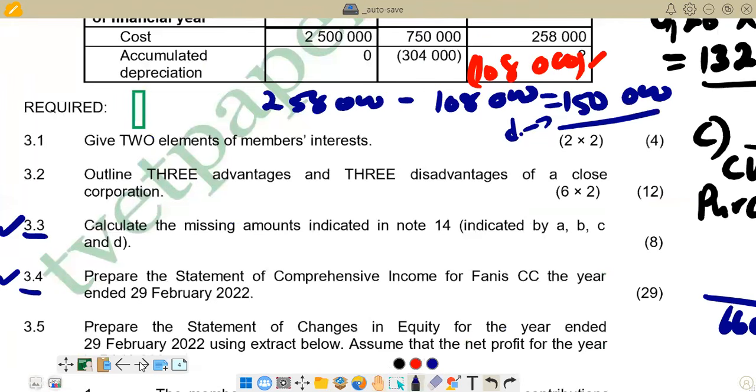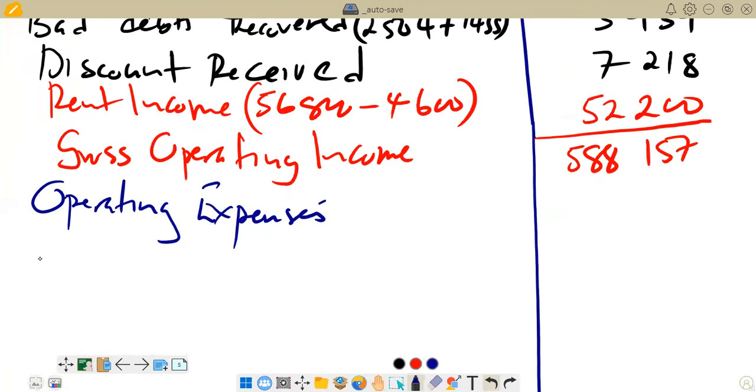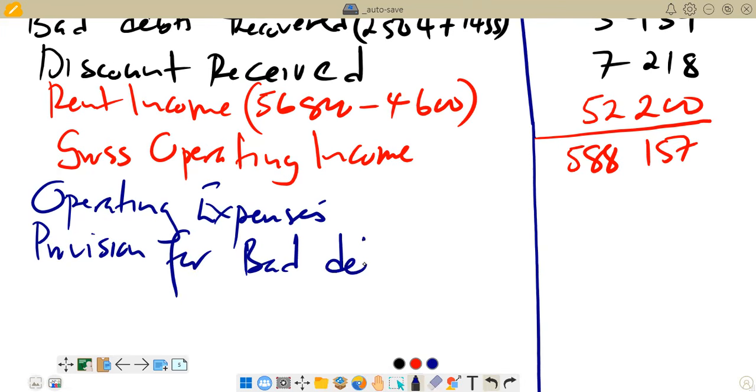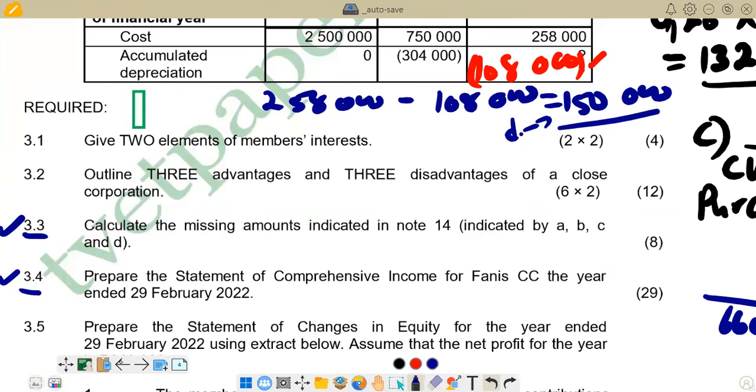So if you come here, we are now saying provision for bad debts. And I will just summarize the last working that we had there. We said 2,900, and let's recheck the figure that we have there.